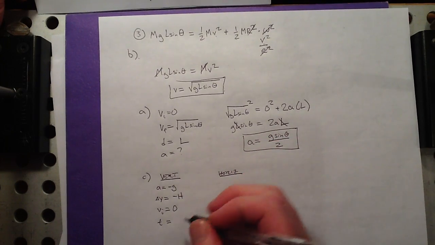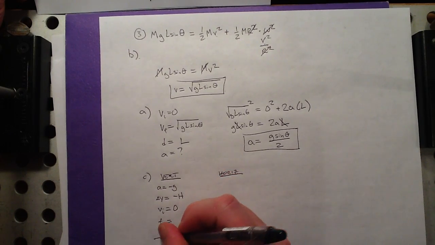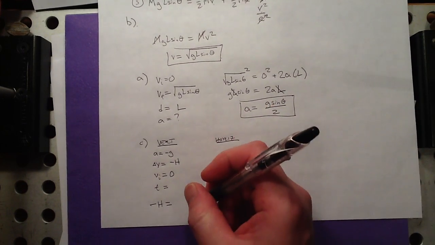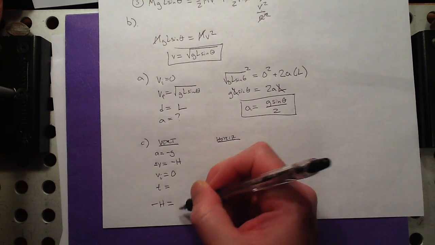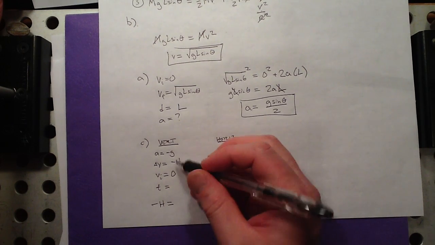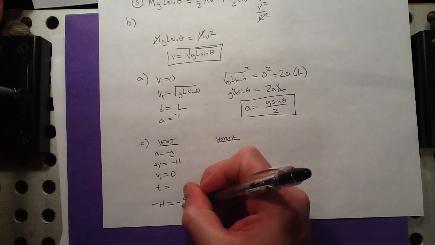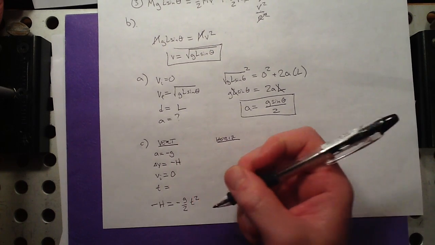So that is our old favorite equation, that displacement is equal to initial velocity times time. Initial velocity is 0, so that's gone. There's 1/2 a t squared, so that'd be 1/2 a t squared.